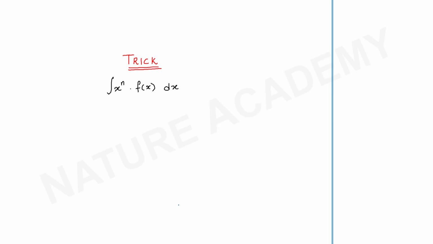For example, integral x square sine 2x dx, integral x cos 3x dx, integral x cube e raised to x dx, meaning any x raised to some power into f of x, the same function of x. Or if you have y in the first term, then it will be f of y. If you have z in the first term, you will have f of z into dz. To solve these types of integrals becomes a lengthy and complicated task. Therefore, we are using this trick.